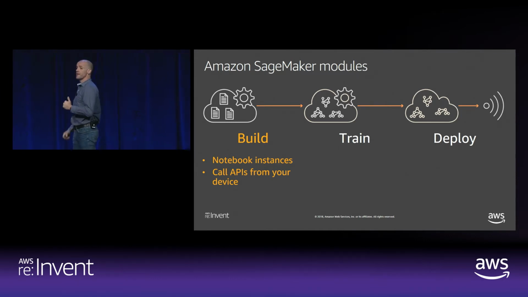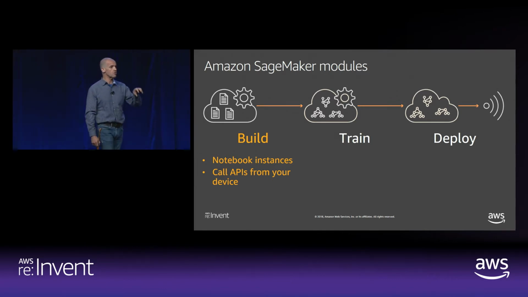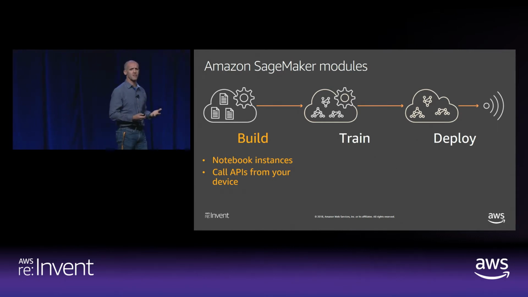SageMaker takes away the pain of managing all these instances and allows data scientists to focus on the problem at hand. It allows them to call APIs, call other systems from the device, from the instance or from other devices. And it allows a complete development environment. Think of it as an IDE for machine learning.